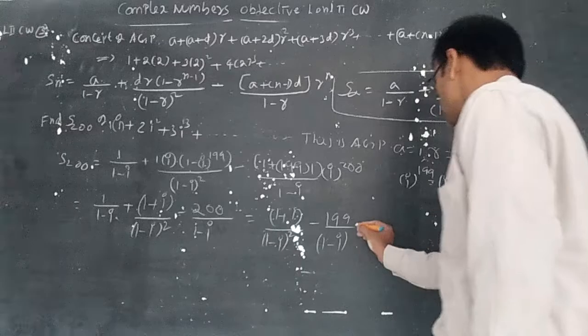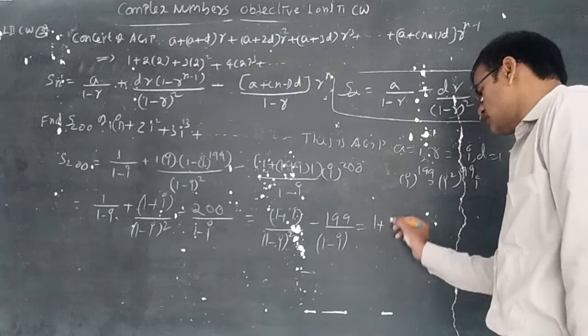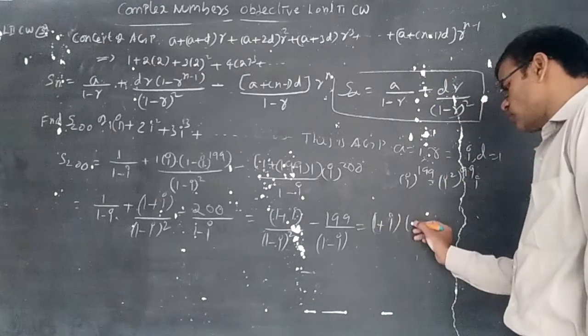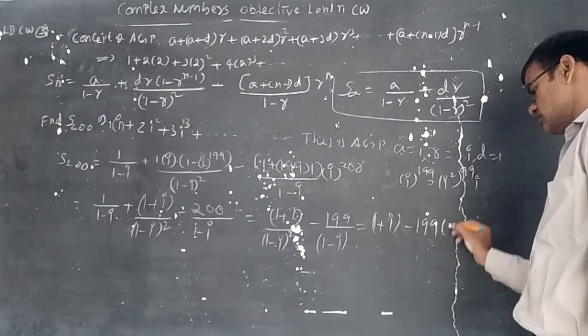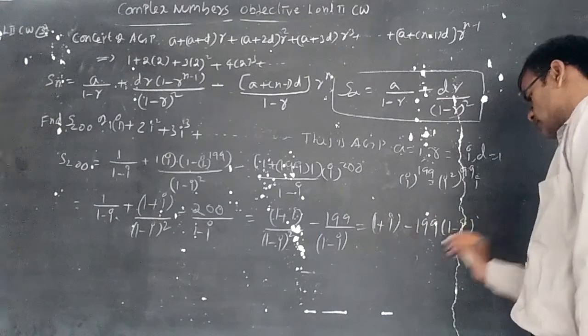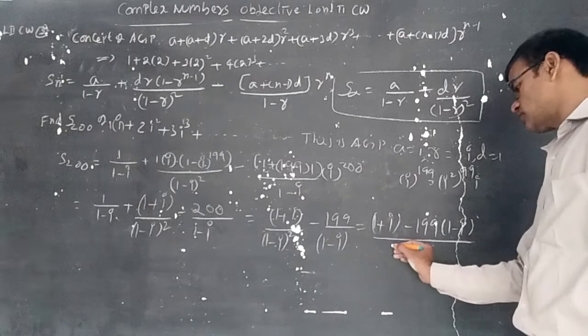Take 1 minus i whole square as LCM. So you write here 1 plus i into 1 plus i, minus 199 into 1 minus i, whole by 1 minus i whole square.